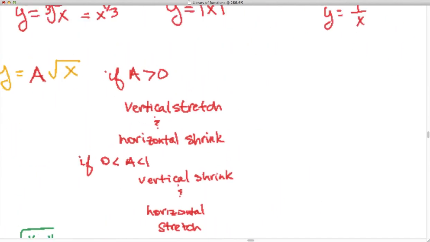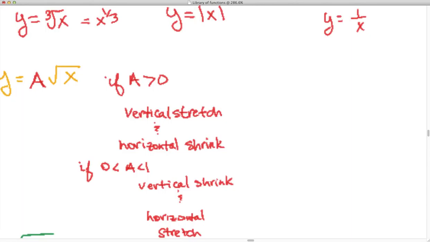So now, what happens if I have a numerical coefficient? So, oops, wrong color, sorry about that. So if a is greater than 1, we're going to get a vertical stretch and a horizontal shrink.